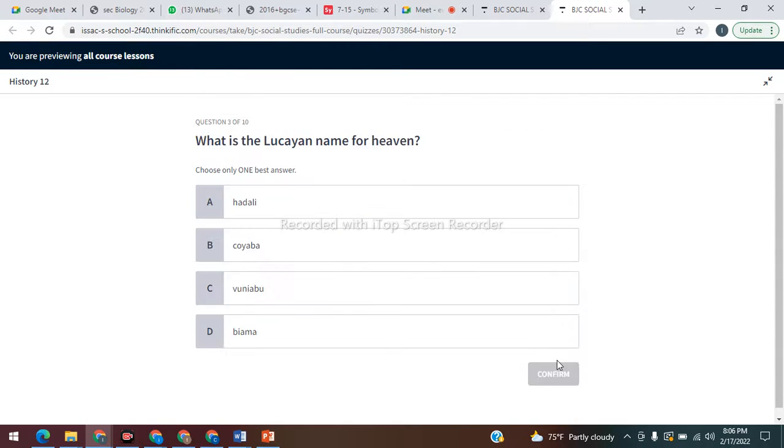What is the Lucayan name for heaven? B. But don't lock that in. Anyone else?